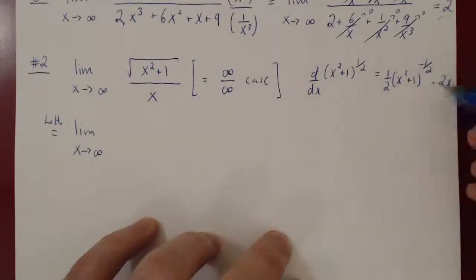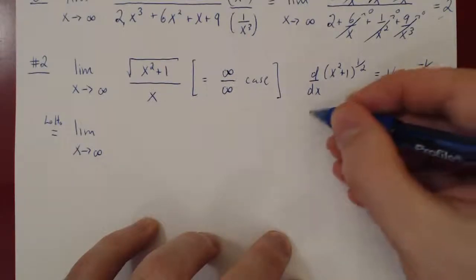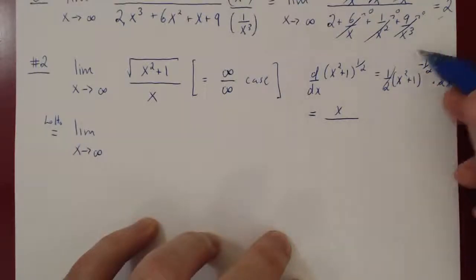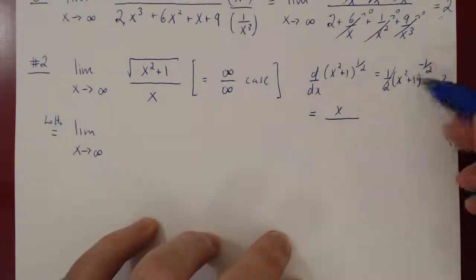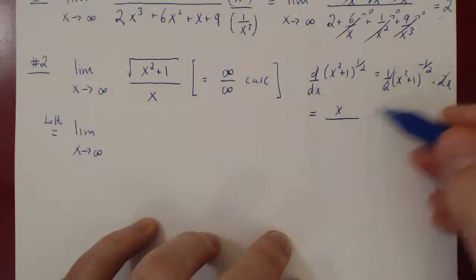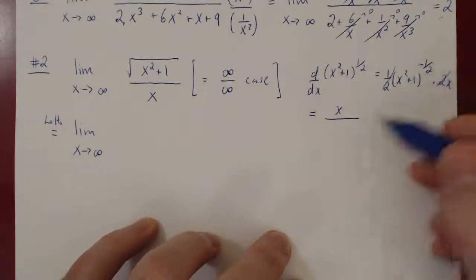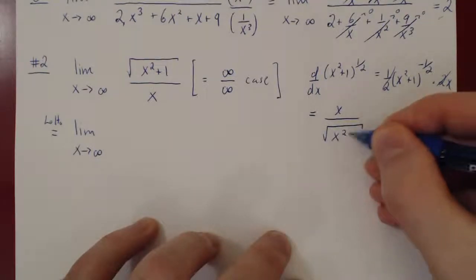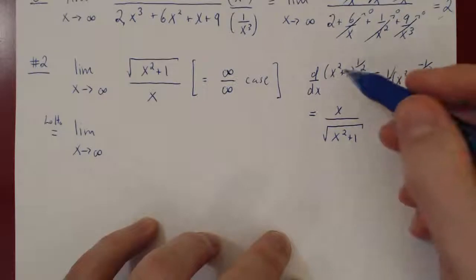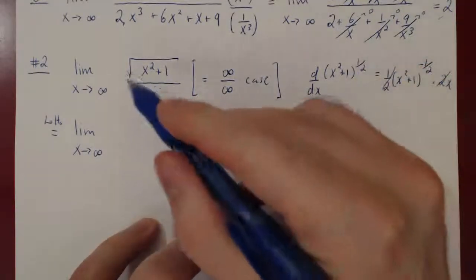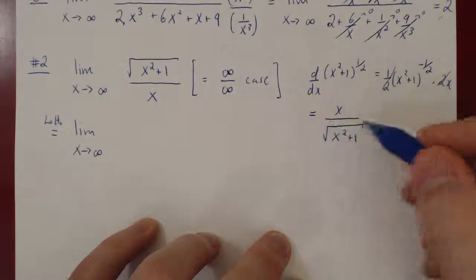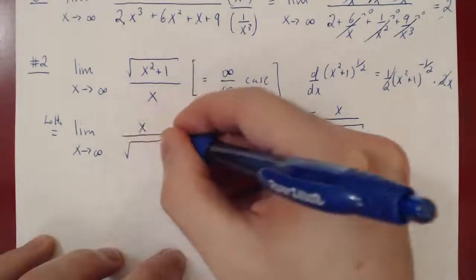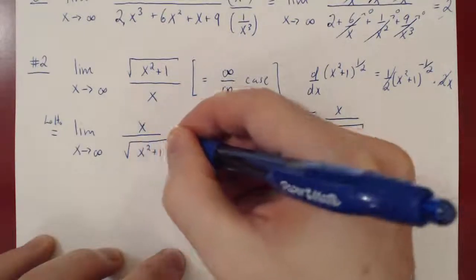You can cancel the 1/2 with the 2. Now if you leave the x on top, and you send this term to the denominator, the power of negative 1/2 becomes a positive 1/2, power of x squared plus 1, but a positive 1/2 power is just a square root. So the derivative of the numerator, root of x squared plus 1, is simply x over the root of x squared plus 1.